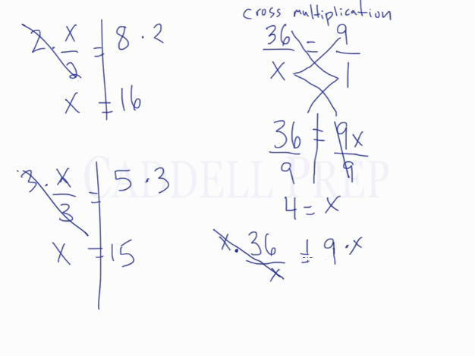So here they cancel. I have 36 equals 9x. Very similar to the method of cross multiplying. So again, we just divide by 9, and we still find that x equals 4. So both of those methods work. So for simple algebraic equations, we're just going to do inverse operations to get the x by itself.